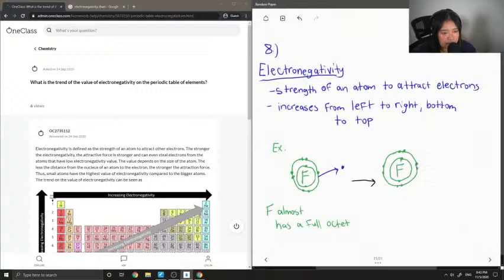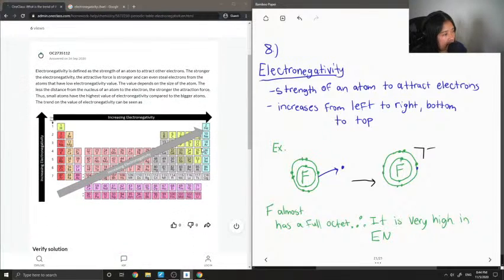Okay, so now let's say it gained its electron and it now has a negative charge.